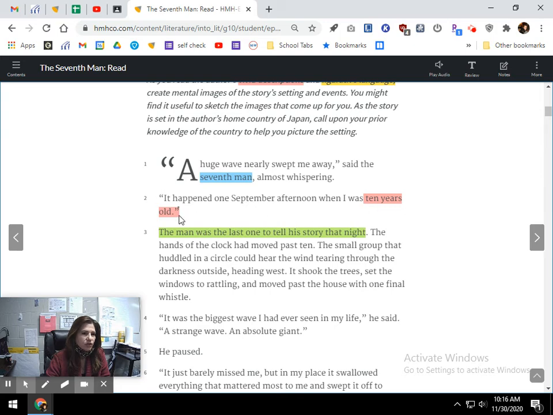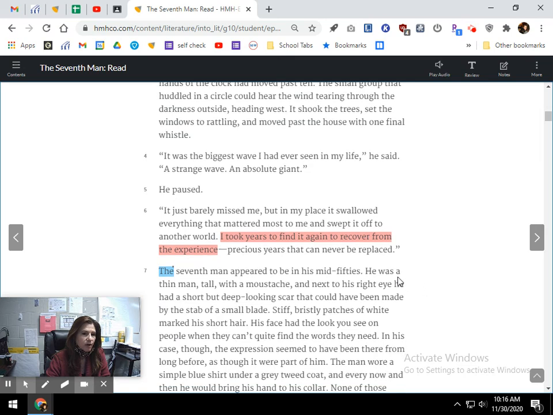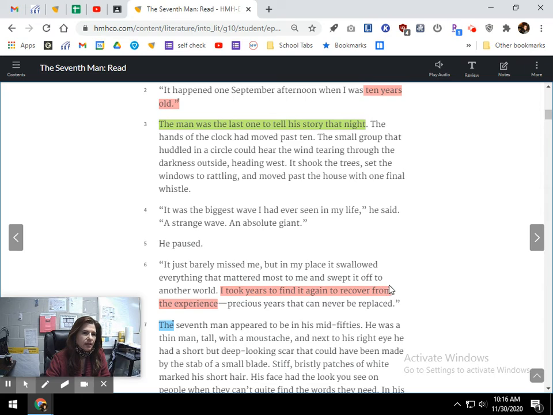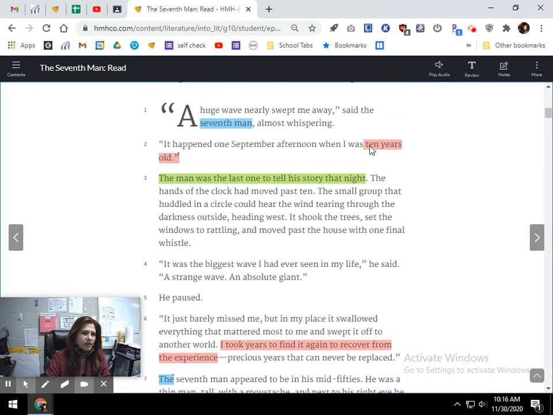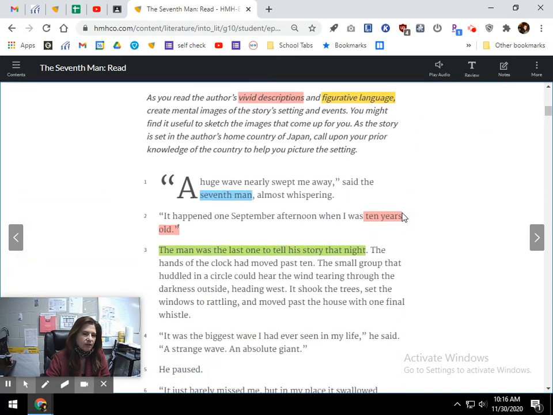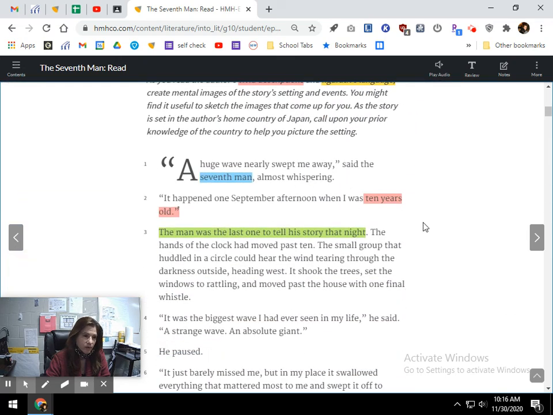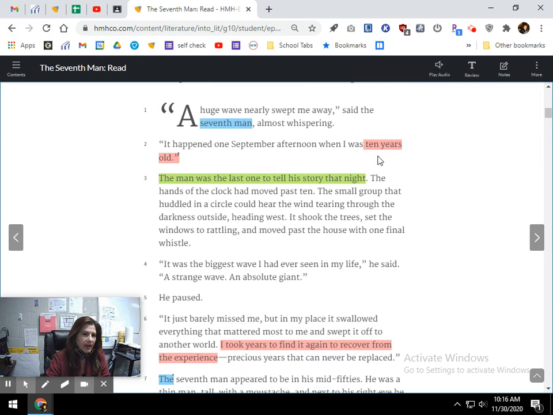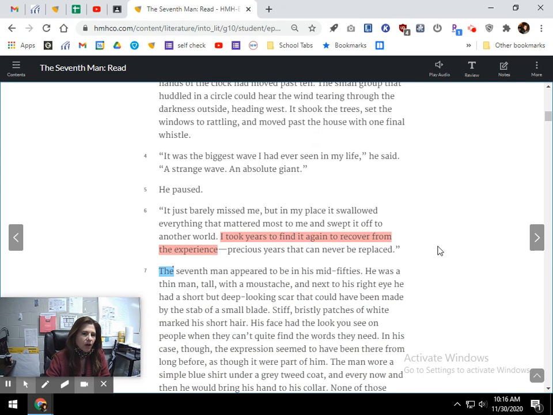I was 10 years old on that September afternoon. If he's 51 now, or in his mid-50s, 54, 55, 56, and he's going to tell us something that happened to him when he was 10 years old, and it's called The Seventh Man, but it's about this wave, whatever that wave might be. It happened when he was a child. Also, it took years to find it again, to recover from the experience.